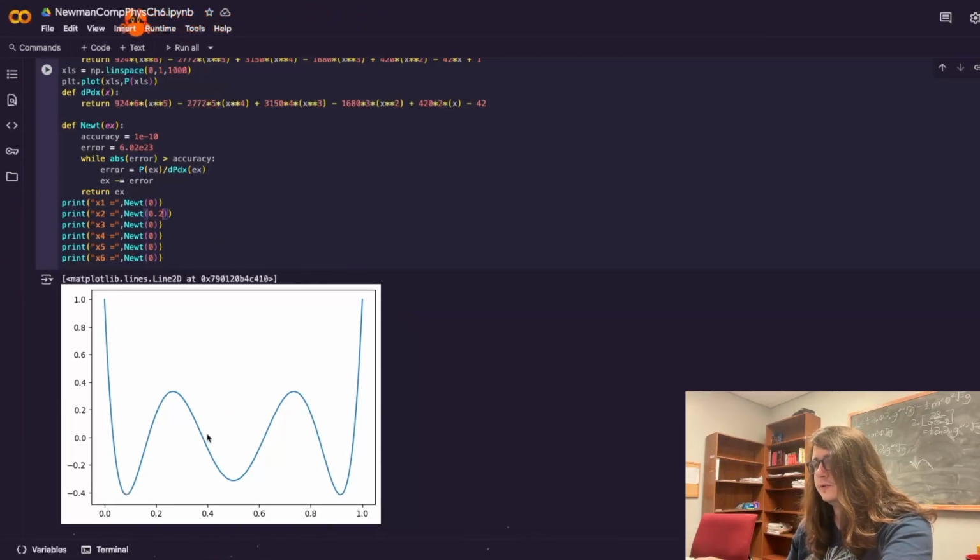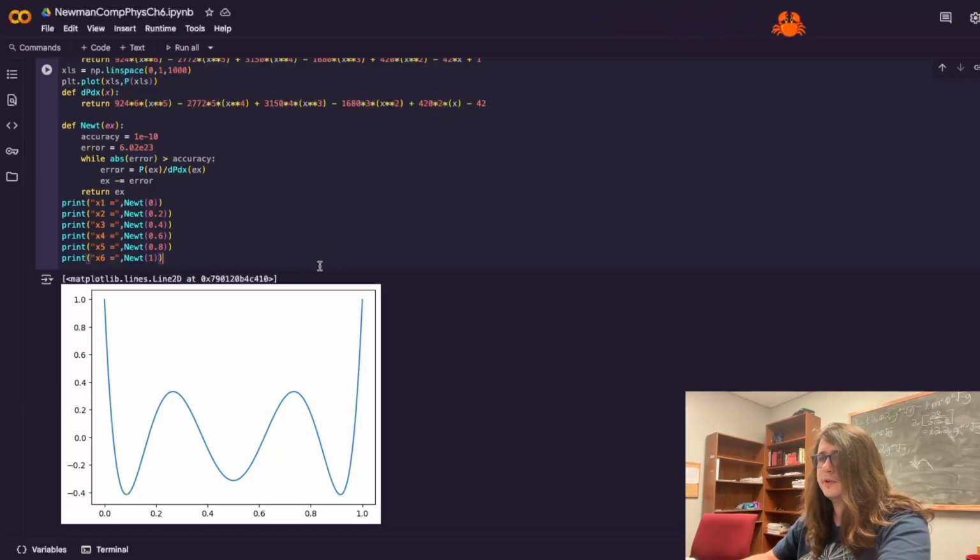Then this root is going to be around 0.4. Then this root is going to be around 0.6. And then this one is going to be around 0.8. And then finally this one, I'm just going to set it to 1. It'll work its way down to here from 1 for sure.